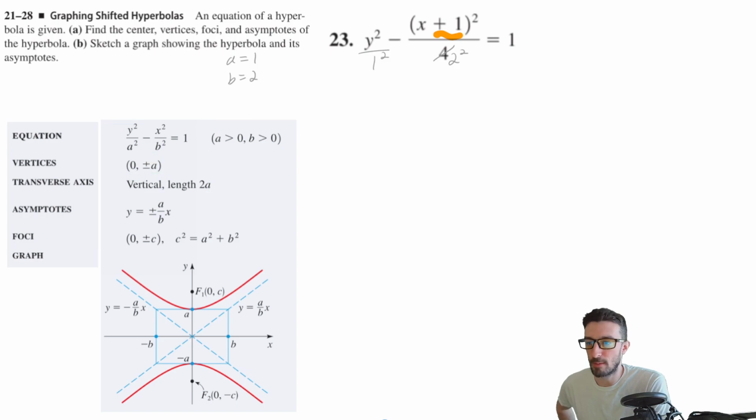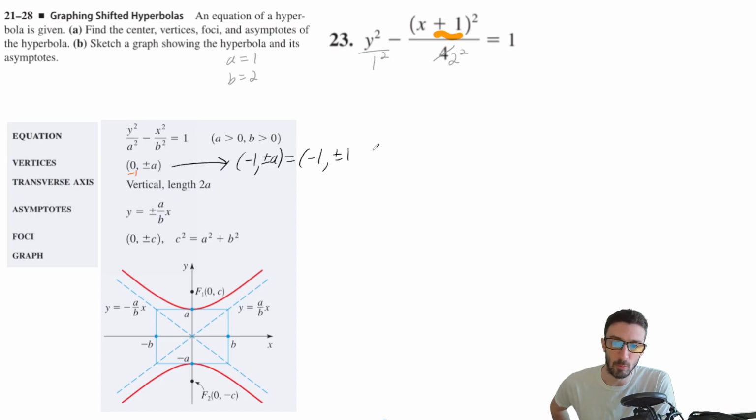So that means that I'm going to need to modify this formula. So that way, instead, it's actually going to be negative 1, comma, plus or minus A. And since we said A is 1, then it's going to have vertices at negative 1, comma, plus or minus 1.